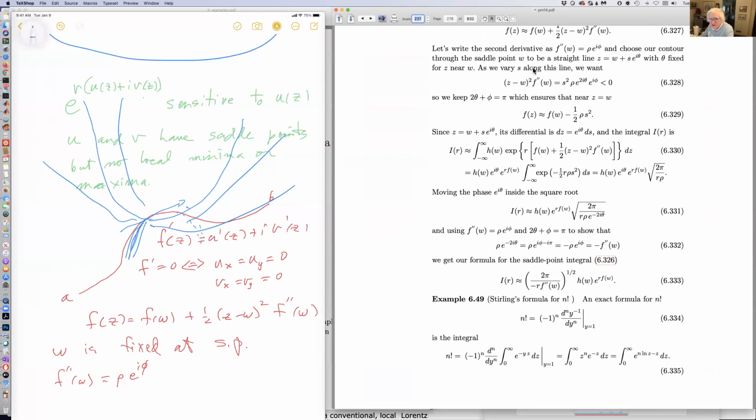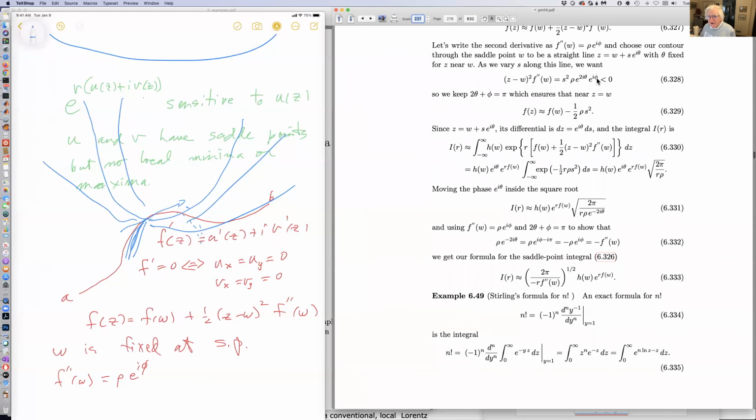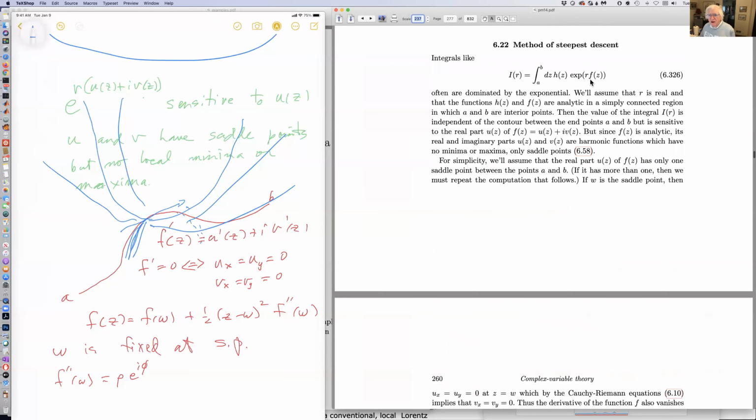Right, the function though is we have e to the r f of w, and that's a constant, so we pull that out, e to the r f of w, and the dz has an e to the i theta in it, so we pull that out. So what's left is a ds e to the minus a half r rho s squared, because this is what was left, the rho s squared, the phases we pulled out, and r is this real number that was right here.